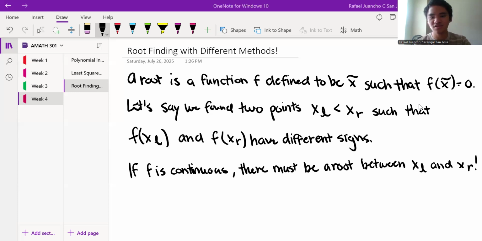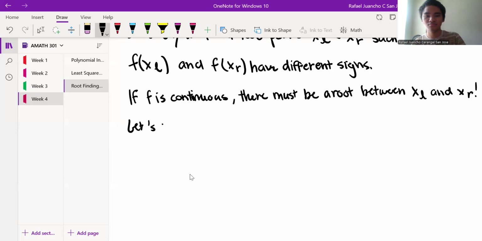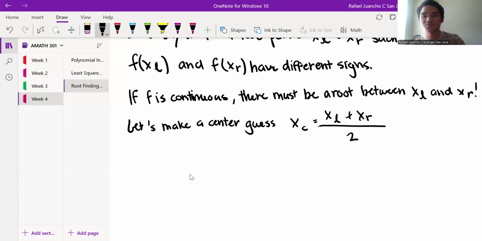Let's say we make a second guess, a center guess, the middle. Let's denote it as x sub c. And how do we get the middle value of x L and x R? Well, of course, we add them and then we divide by 2.